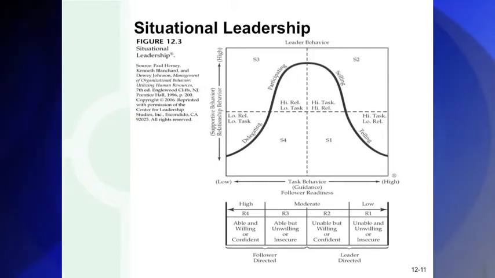High task would be, on the very right side, where the leader is telling people what needs to be done or how it should be done. On the very left is low task, which assumes that people do not need to be told, and so it's delegating that out, presumably along with the authority and the responsibility to get it done.